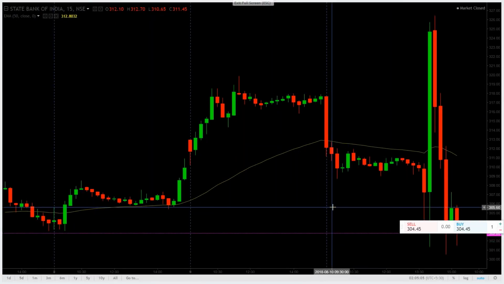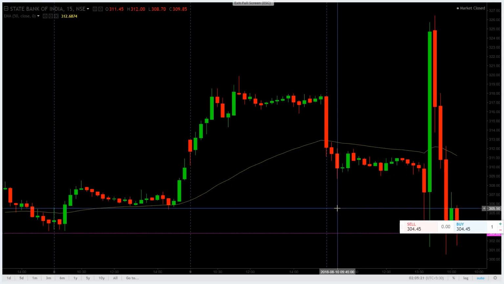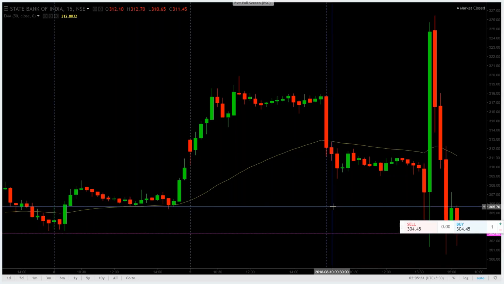If I have placed my cursor on the second candle of the day, the high is 312 rupees 70 paisa, and the low of this three candle range is 308 rupees 70 paisa. So the gap from 308.70 to 312.70 is 4 rupees, and hence we are not supposed to take a trade.